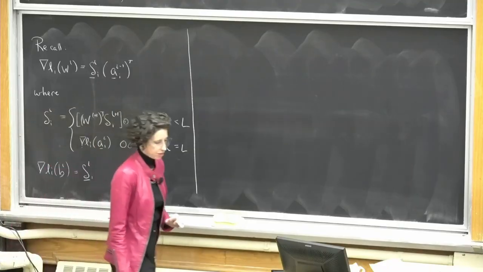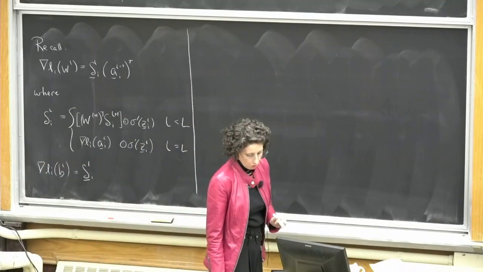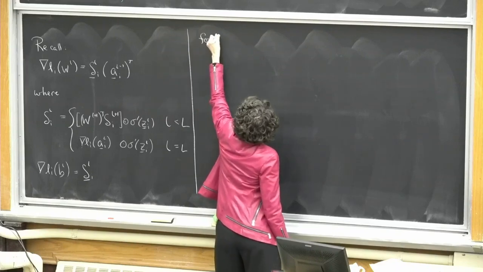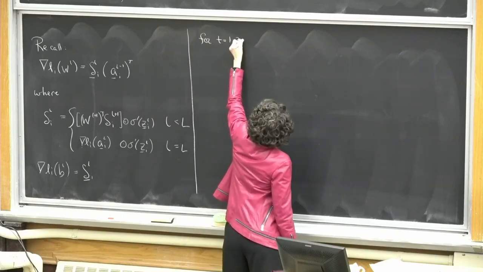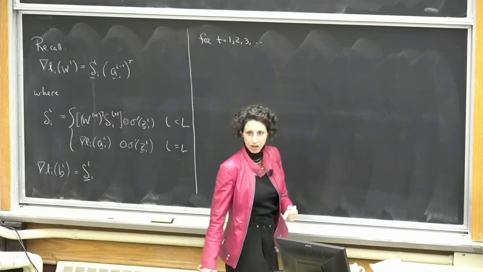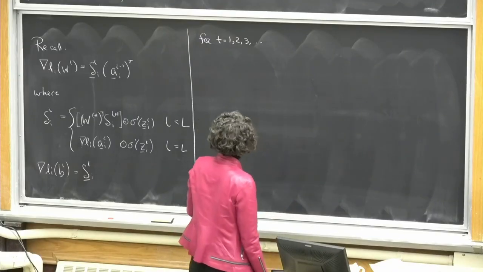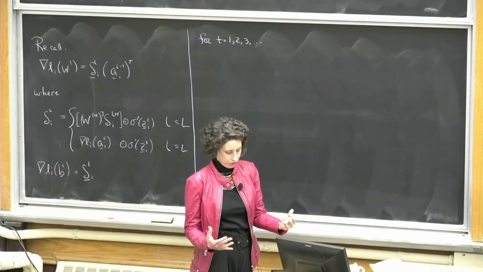Okay, for the backpropagation algorithm now, what we are going to do is the following. So first, for t equals 1, 2, 3, etc., as we iterate, we're first going to have what's called the forward pass.